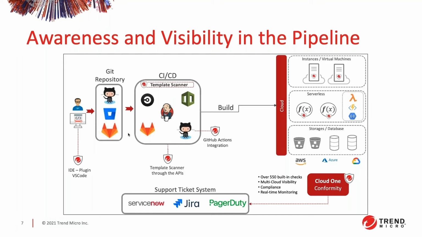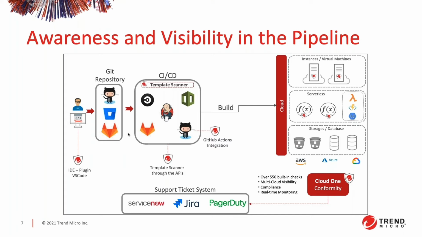Do you specifically collect telemetry information about how many configurations are being pushed to production? Are you reading the CloudFormation templates or Terraform templates before you create those infrastructures? Are you scanning every single container image before you push to production in a Kubernetes cluster and all these kinds of things?